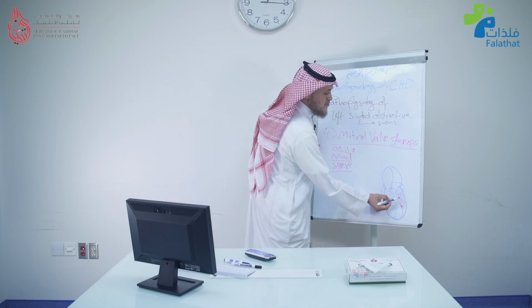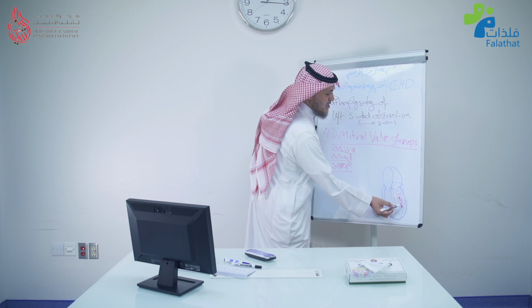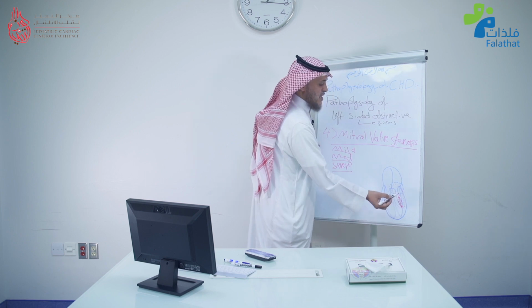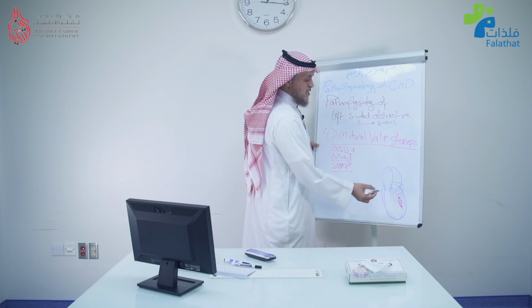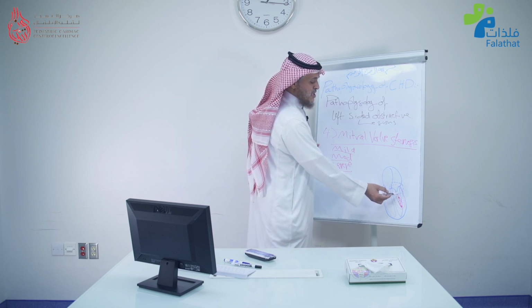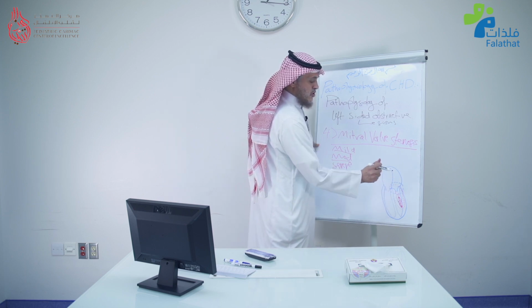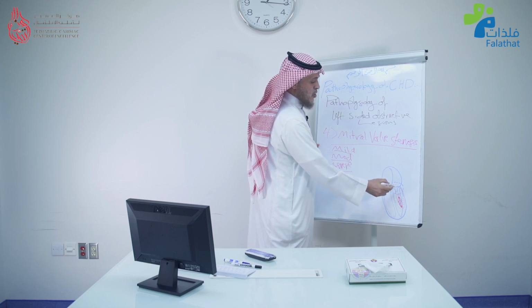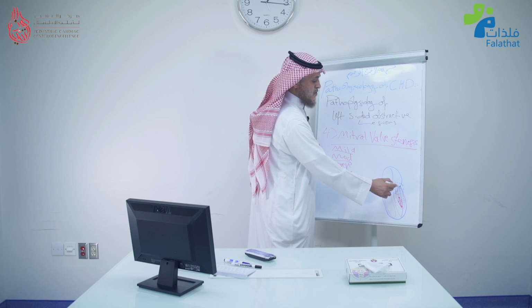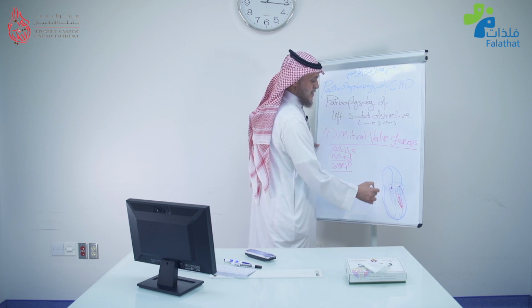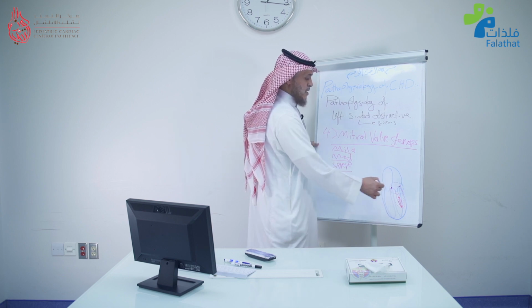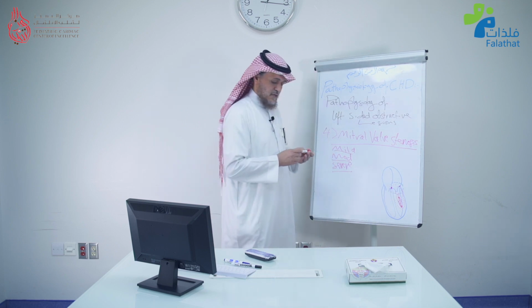It can be the whole thing, just obliterated, amalgamated, or single papillary muscle like we see in Schwann complex, or abnormal chordae, whether short or melted together, or abnormal leaflets with severe stenosis and stenosis of the annulus of the mitral valve.